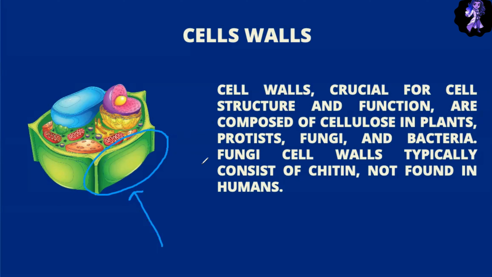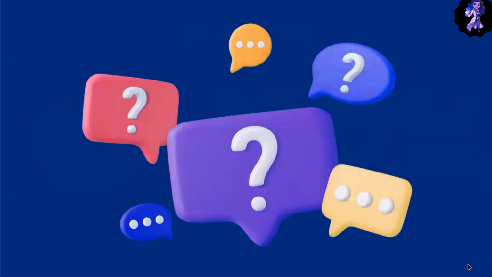With these cell walls, they provide an extra set of protection, especially since things like plants need a lot of water. So they need an extra space or an extra barrier to hold that water. So that is what cell walls do alongside the plasma membrane for things other than animal cells.